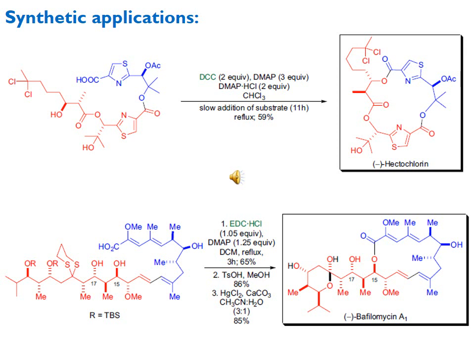And in the third step there was the interaction with mercuric chloride, calcium carbonate in acetonitrile-water 3:1 ratio solvent, and we get 85% yield of this final product. Here I am not going to discuss what happened when these steps number 2 and 3 were performed. We are only focusing on our step number 1, the Keck macrolactonization process.